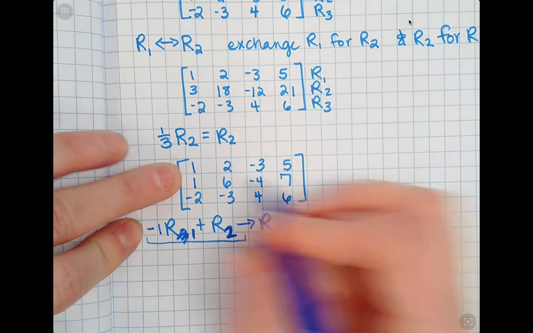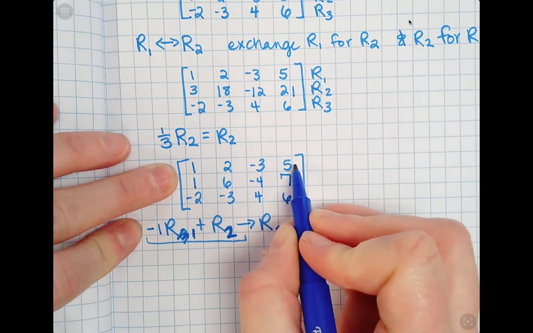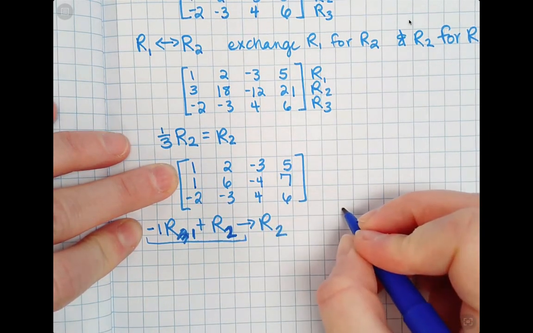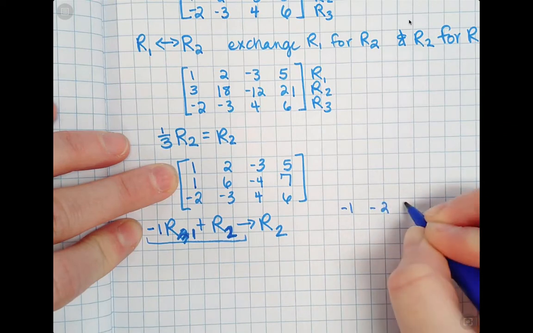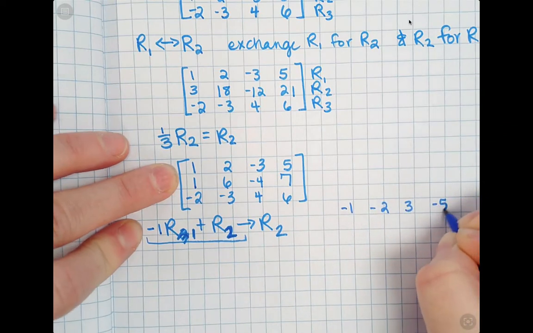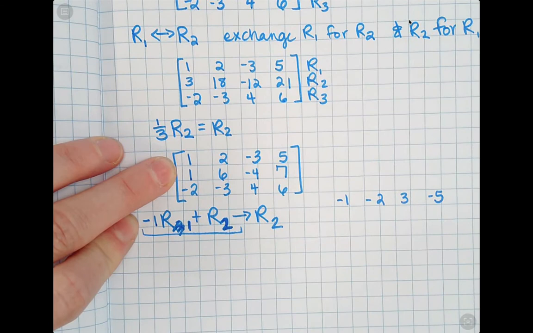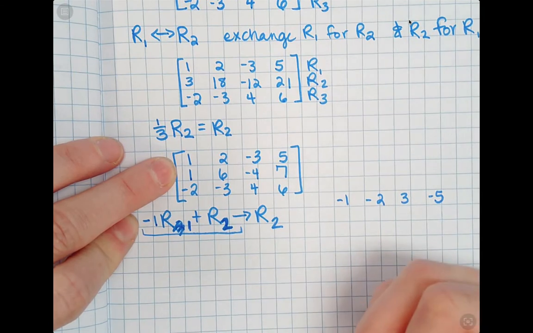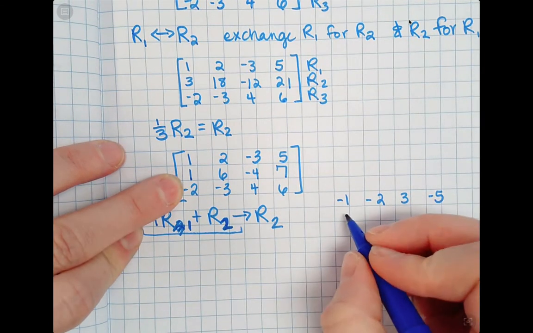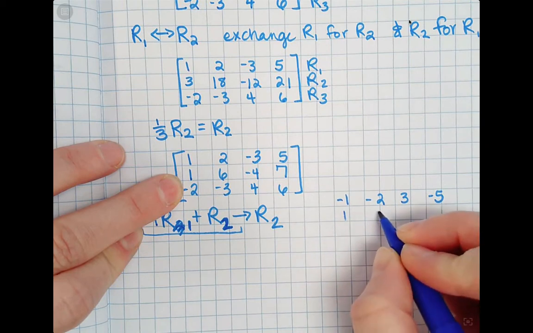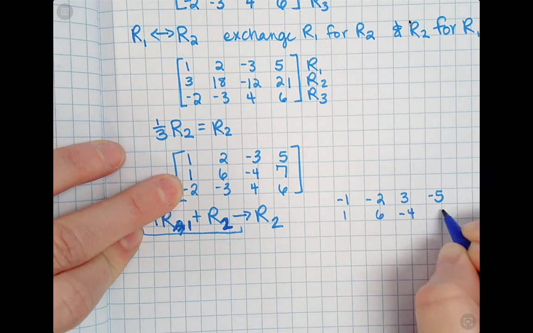So we would multiply everything on row 1 times a negative. So that'd be a negative 1, negative 2, positive 3, negative 5. And then we're going to add it to row 2. So I'm going to put it directly underneath. 1, 6, negative 4, 7.